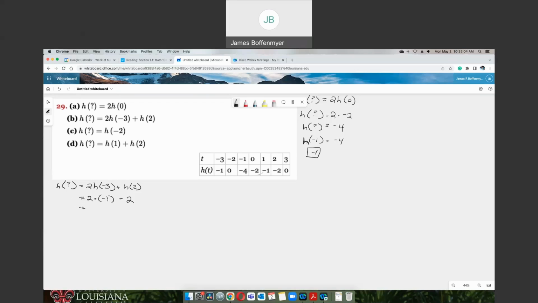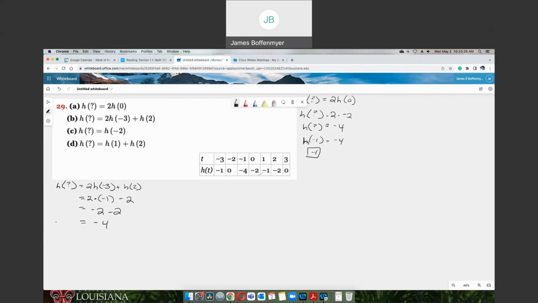Now that we've got all the numbers, we get to do all the multiplication and adding. So 2 times -1 would be -2, and then -2. Add them together, you get -4.